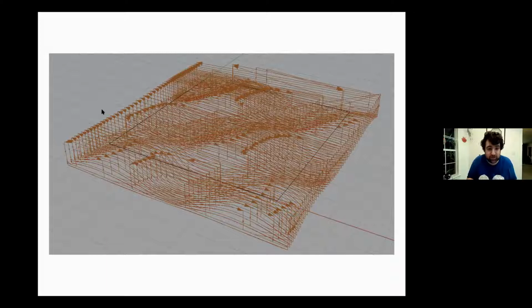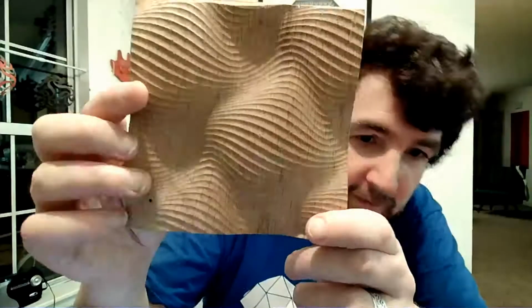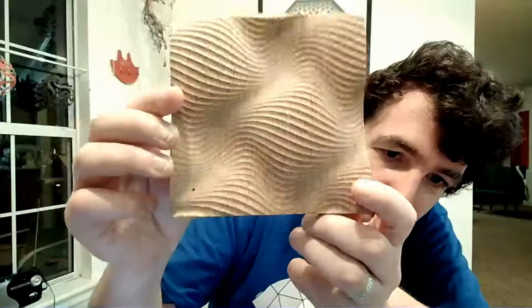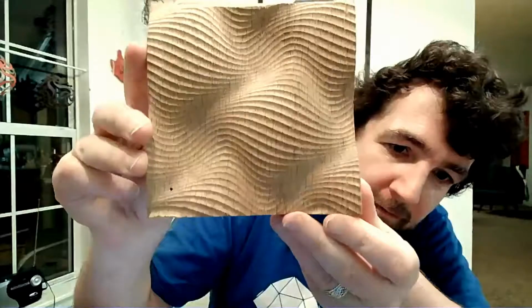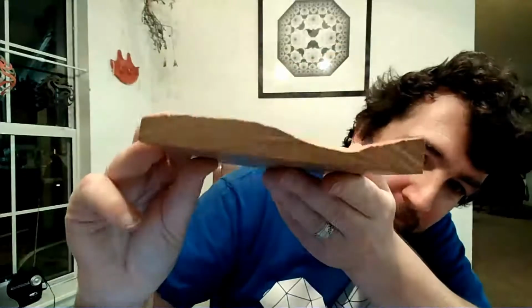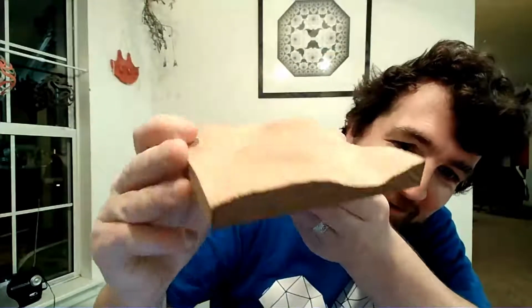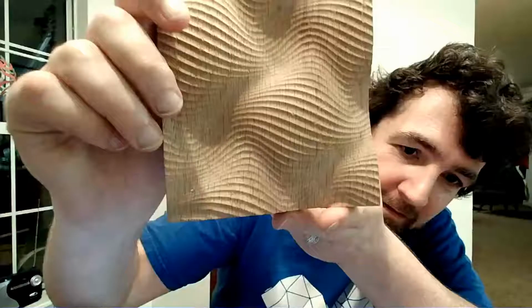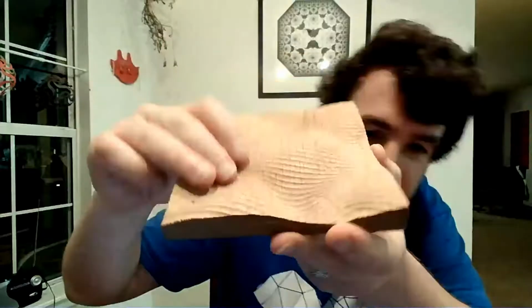And so this is the set of all the paths that the machine will take in order to create that surface that you saw. And here is the resulting piece of wood. So you can sort of get a sense of the three-dimensional nature of it.